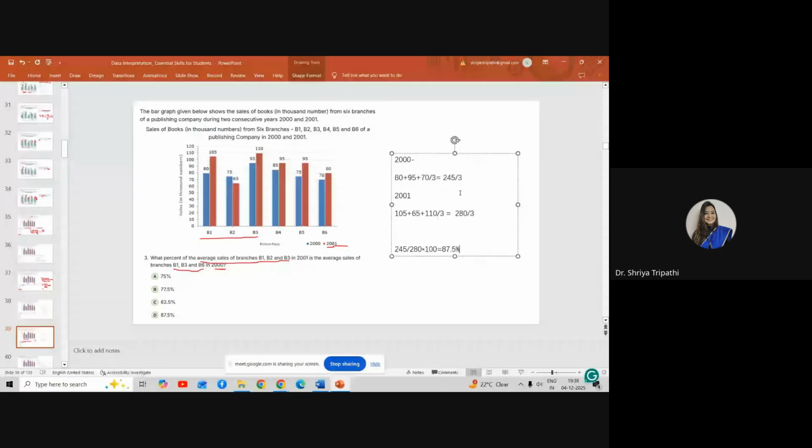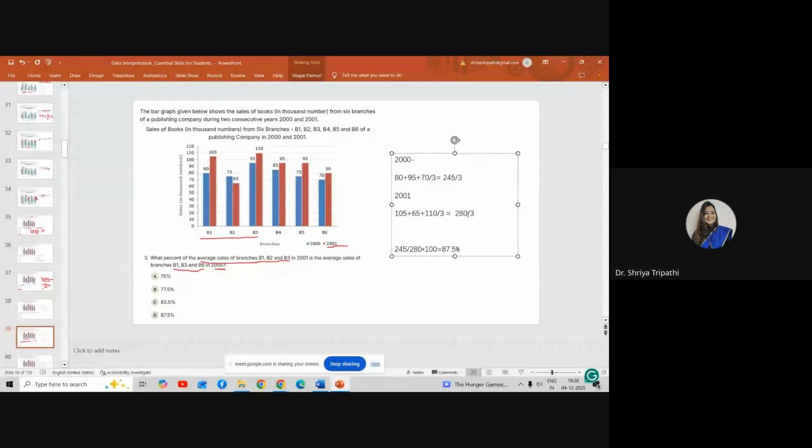See, what we are doing in 2000, the figure is 80 plus 95 plus we are having 70, right? B1, B3, B6, average. Now here it is written average sales, so I have divided by 3. So 245 divided by 3. In 2001, we are having 105, 65, and 110, right?